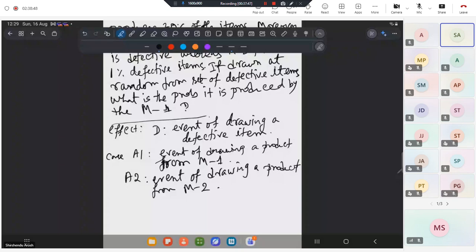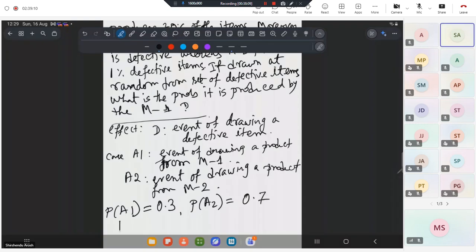Right? So what are the things we know? Probability of A1 we know. Drawing a product from machine 1 is 30%, that is 0.3. Probability of drawing a product from the lot, that is 70%, that means 0.7.